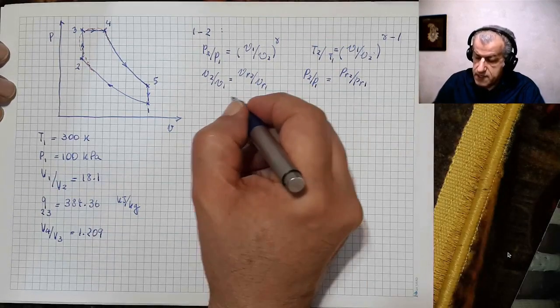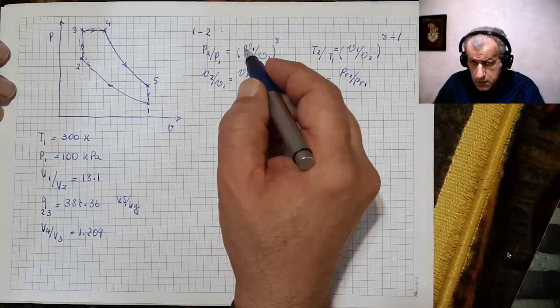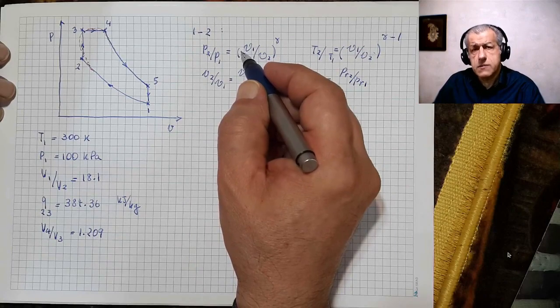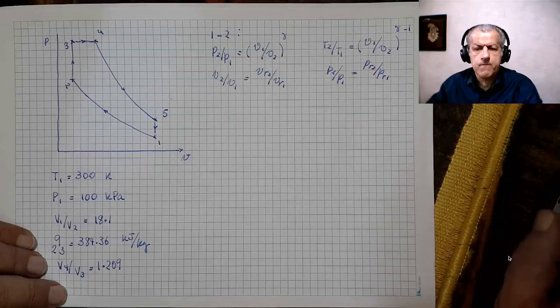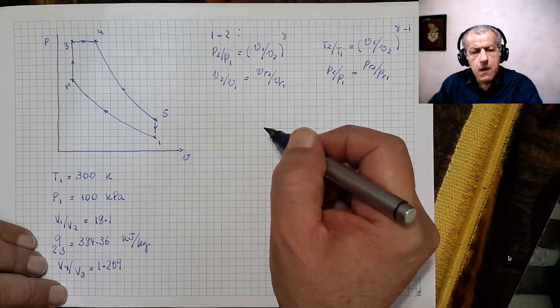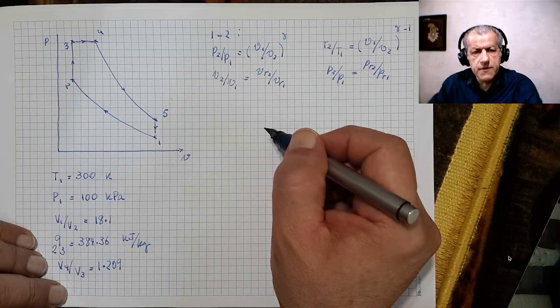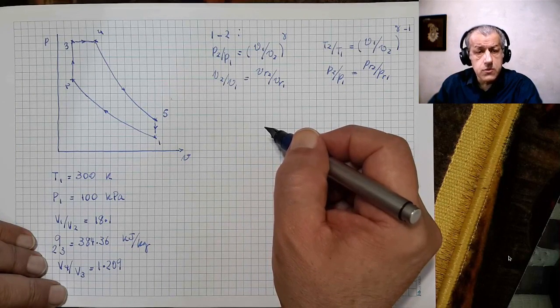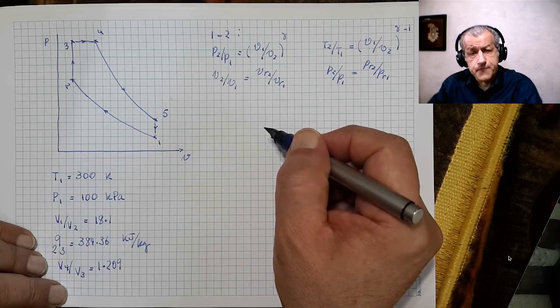So these two equations, just like the above ones, are all valid for isentropic processes. Here, PR and VR are both functions of temperature, but they are directly proportional to specific volume and pressure.